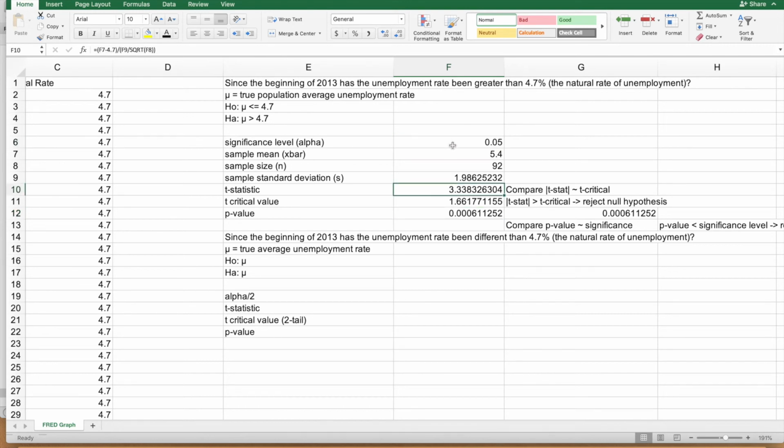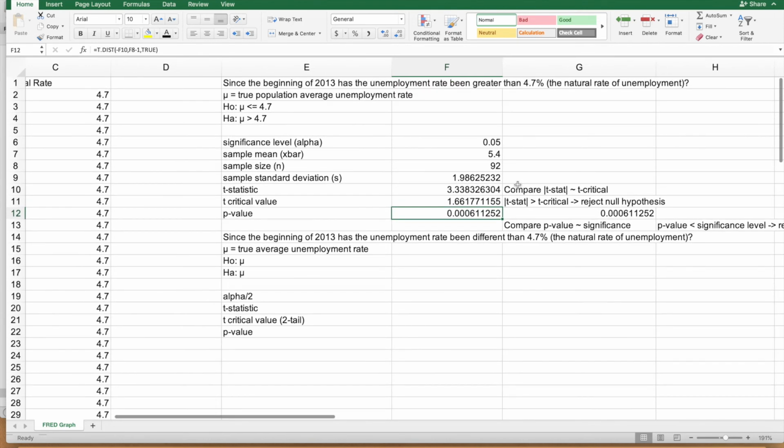You can think of significance level as you setting a threshold for yourself, saying, this is the maximum probability of being wrong about rejecting the null hypothesis that I will accept. We said, I will only reject the null hypothesis if there's a 5% chance of me being wrong or less. Well, we got less than 5%, so we reject the null hypothesis.